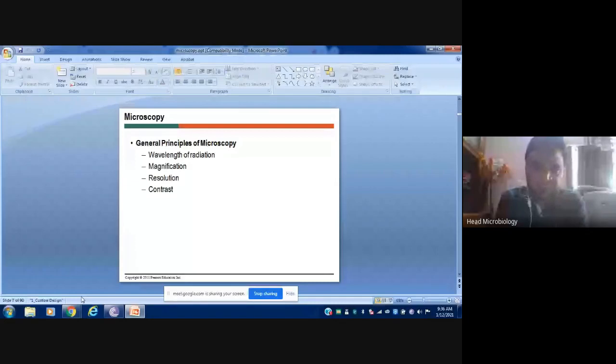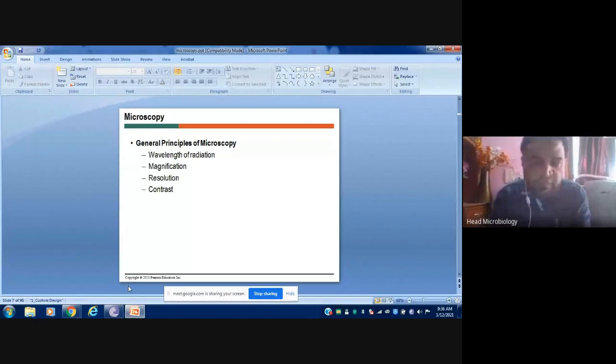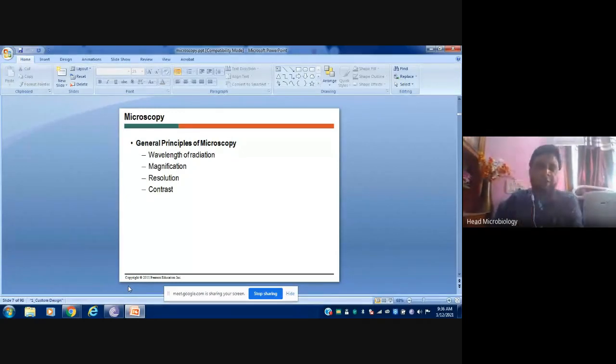Okay, magnification. What is magnification? The ratio between the image and the object is called magnification.